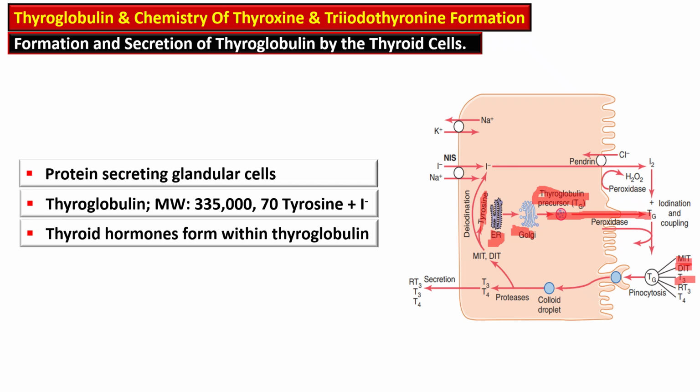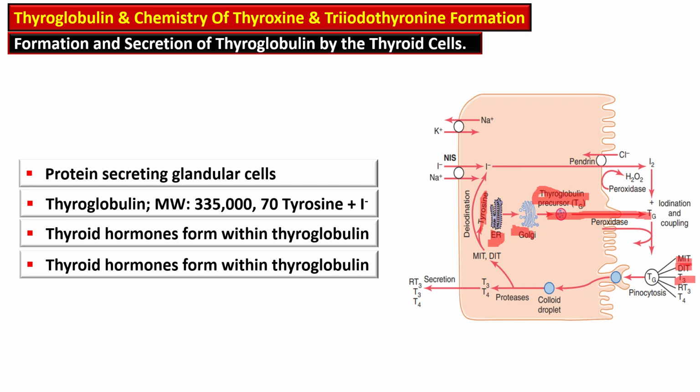And when monoiodotyrosine couples with diiodotyrosine, it forms triiodothyronine. And when two diiodotyrosines couple together, they form T4 or thyroxine.